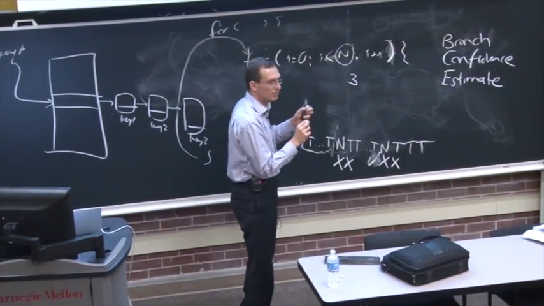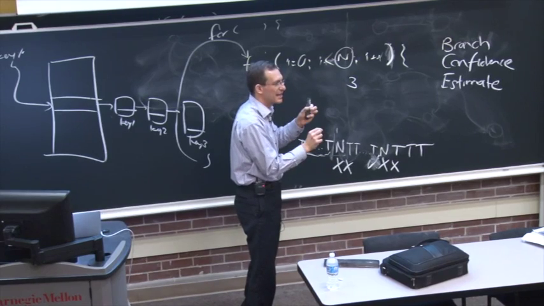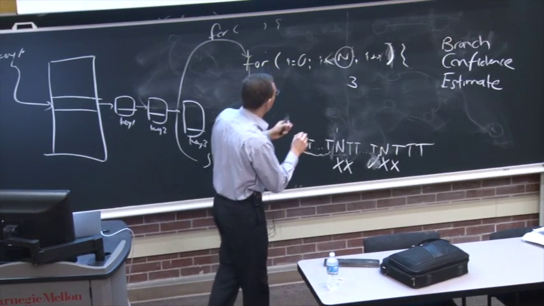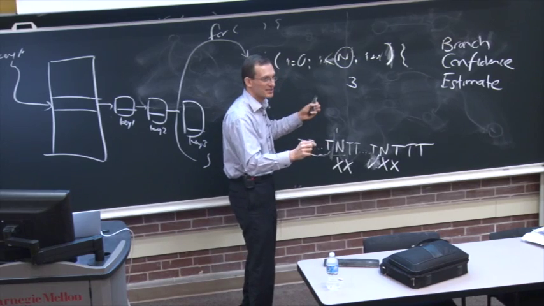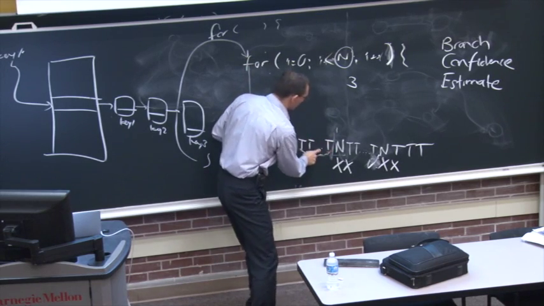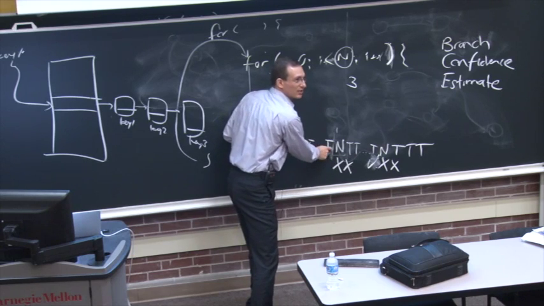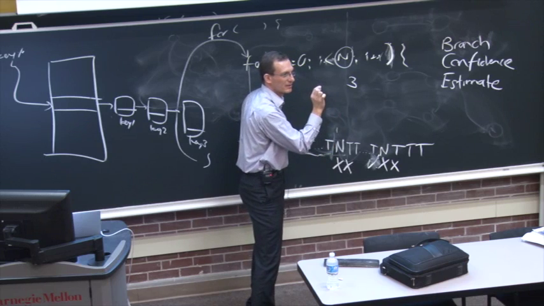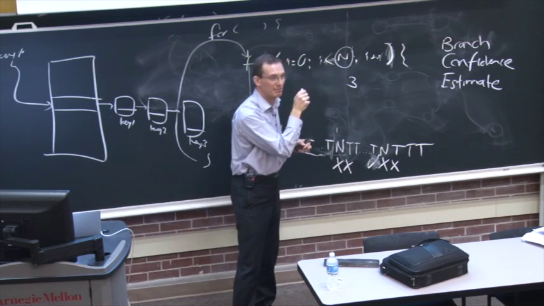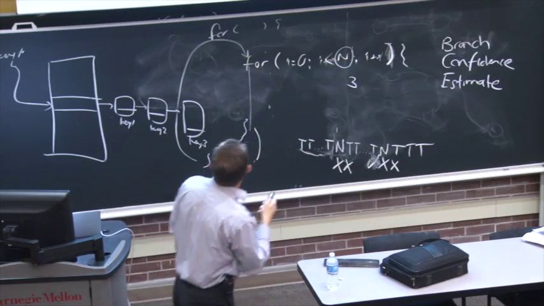You're mispredicting the loop twice because you're looking at the last time. But if you actually think about the last n times, the loop branch is actually mostly taken. Right? So don't switch your decision in one contradictory outcome. That's the idea.